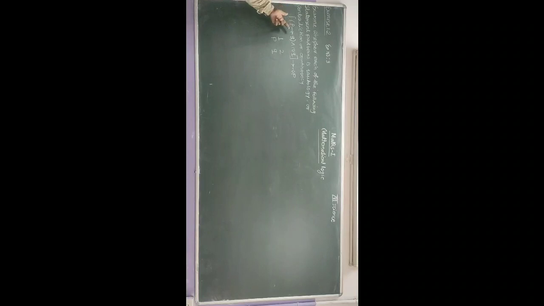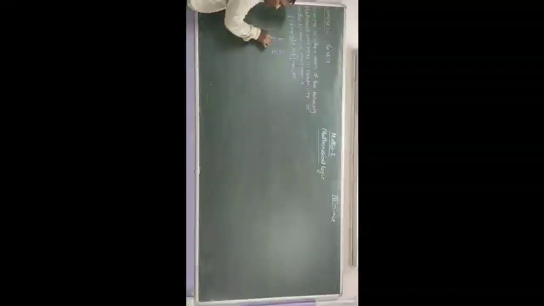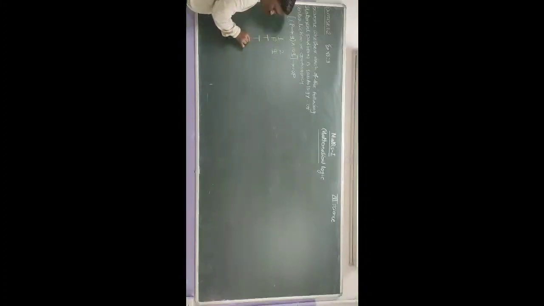First we will take the bracket. Possible truth values of P are true, true, false and false. Q are taken alternatively true, false.